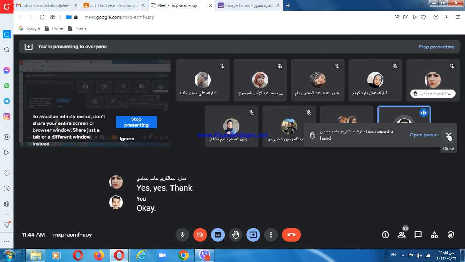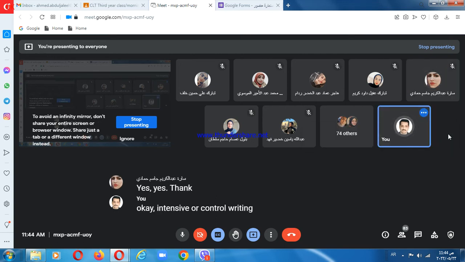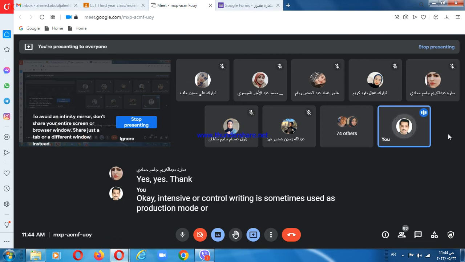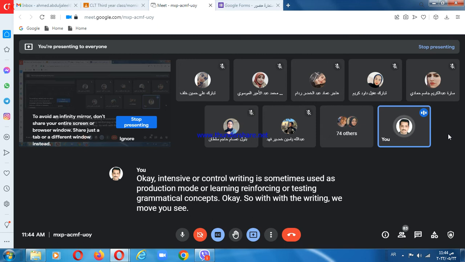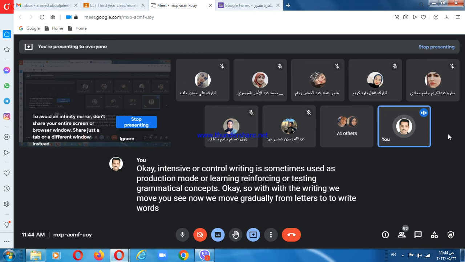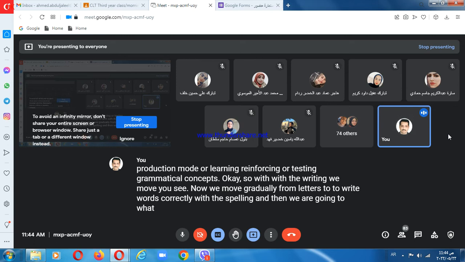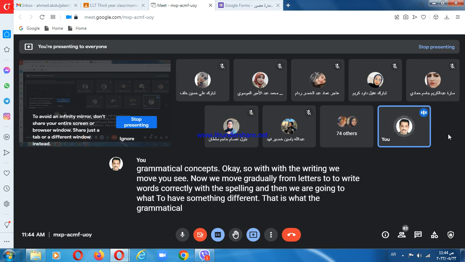Okay. Intensive or controlled writing is sometimes used as a production mode for learning, reinforcing or testing grammatical concepts. So with writing, we move gradually from letters to writing words correctly with the spelling, and then we are going to have something different, that is the grammatical consideration.